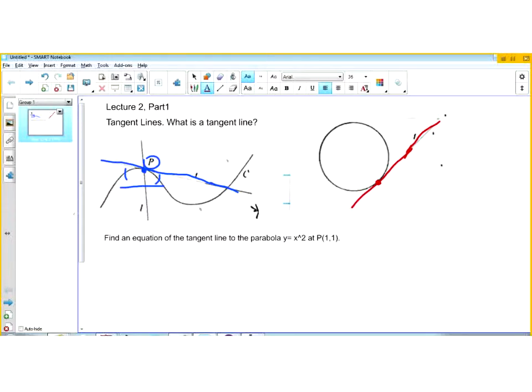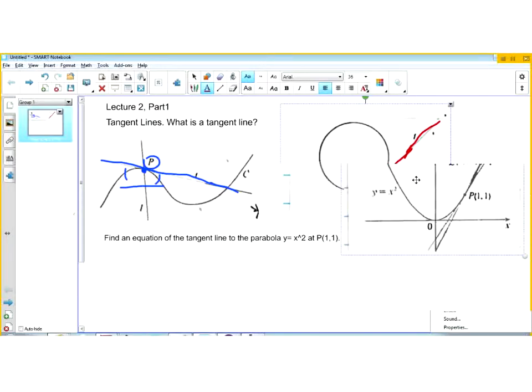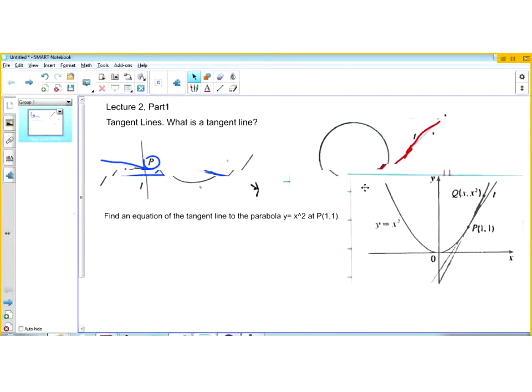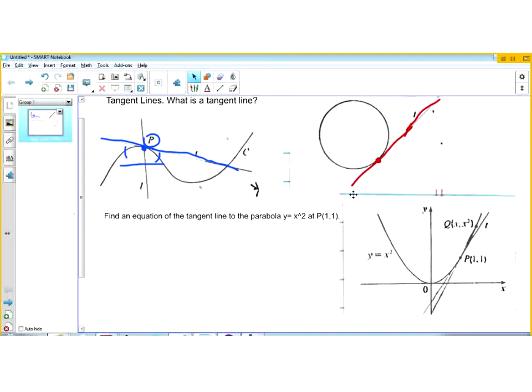All right. So that would look something like this. So here I've got a sketch in the xy plane of y equals x squared.